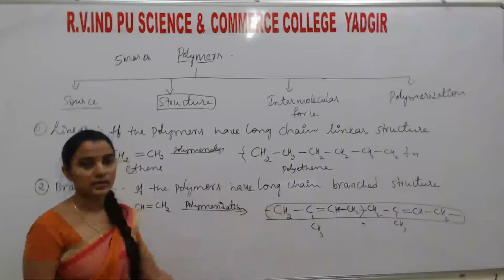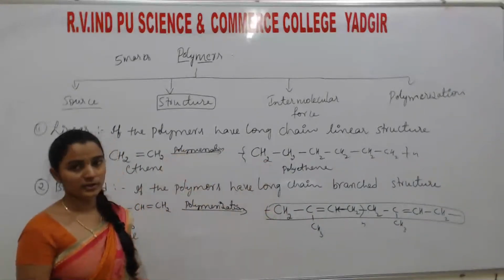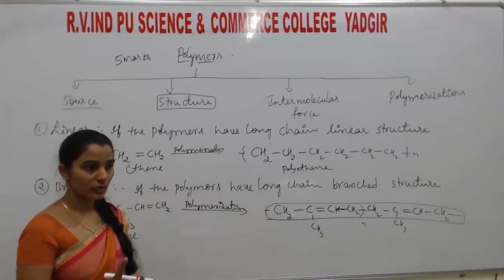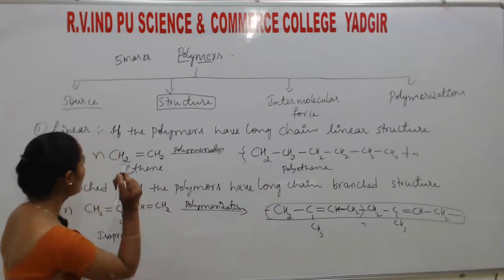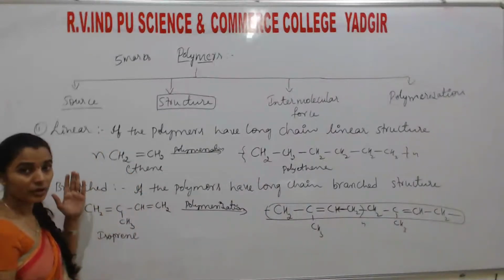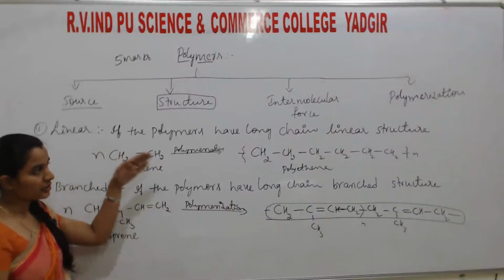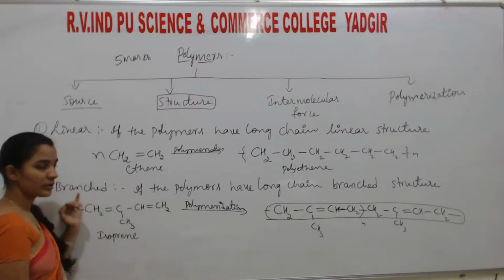Branched means along the chain, branching is also there. Here there is no branching, only a long chain. Understood? Linear and branching tell about the shape or structure of the polymer. If it is a straight chain, that is linear. If it is a straight chain with branches, then it is branched.